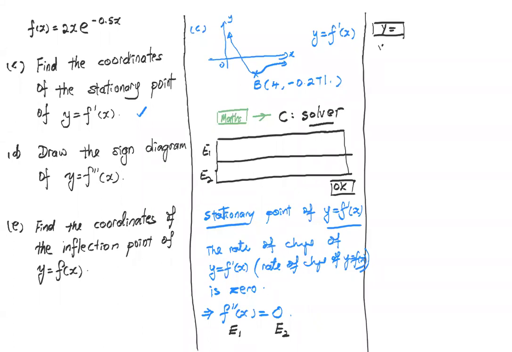So your y1 should be 2x e to the power of negative 0.5x. Your y2 should be this. Okay, everyone should know how to key in all this, correct? So your y3, please key in this.